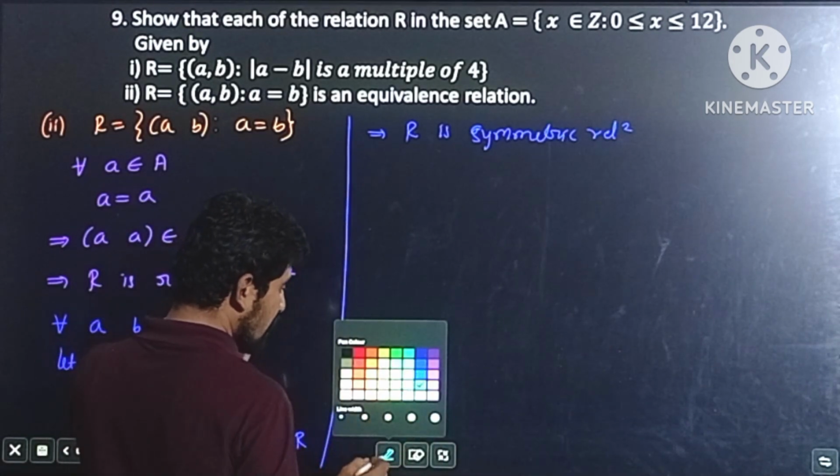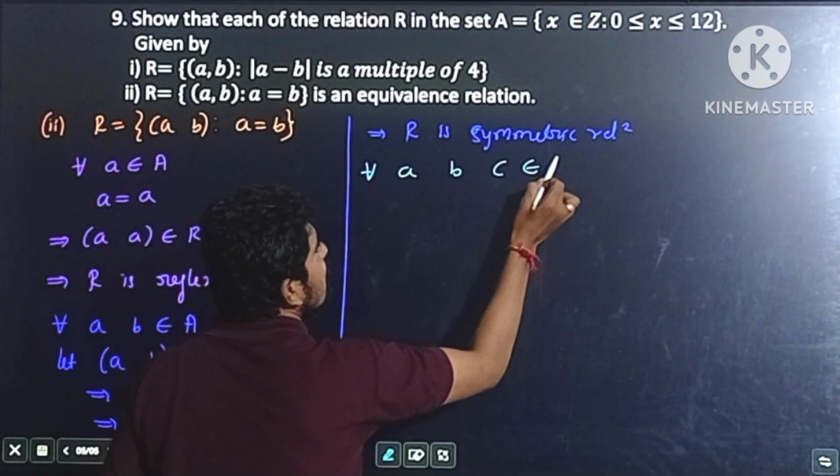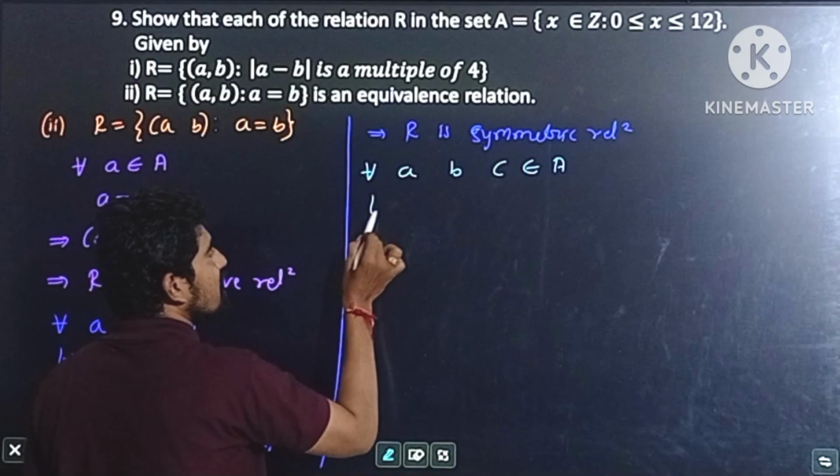Now for the third one, for all A, B, C belonging to the defined set A. Consider two pairs.